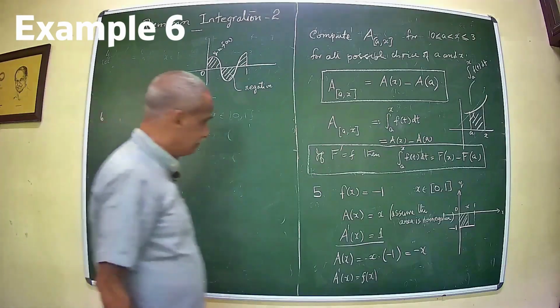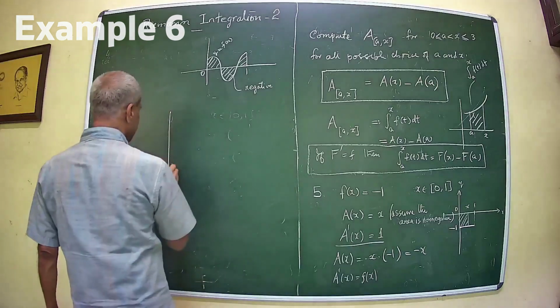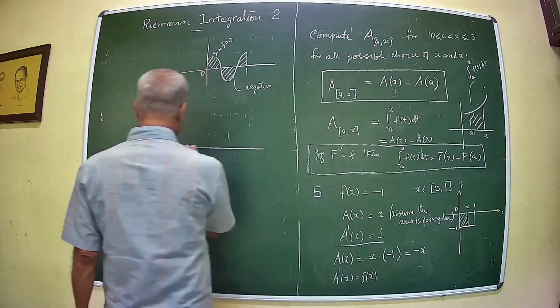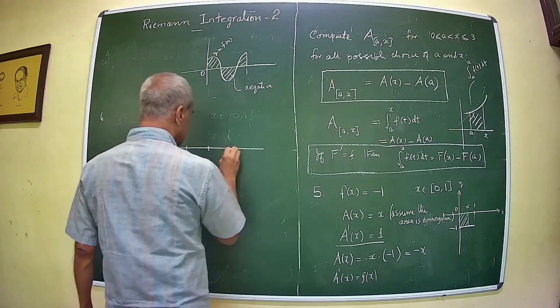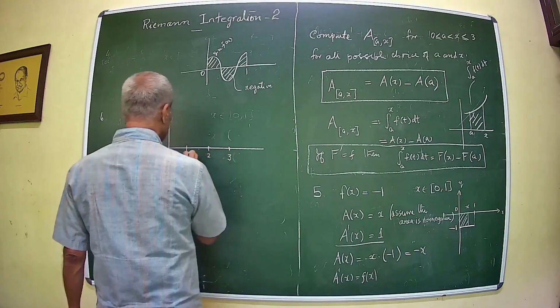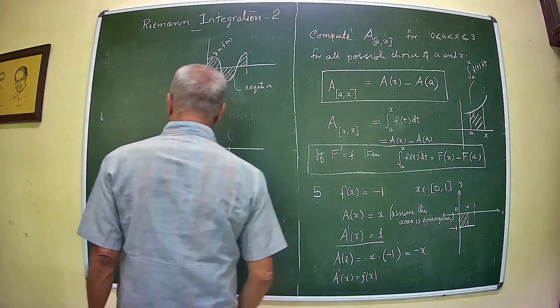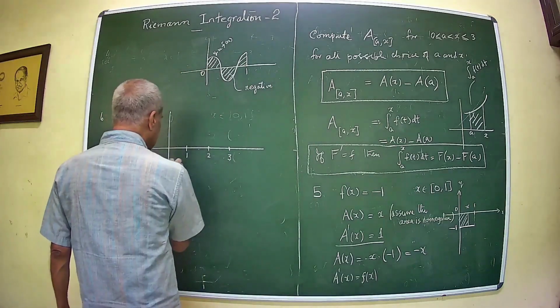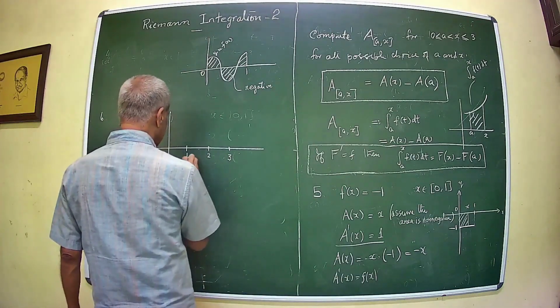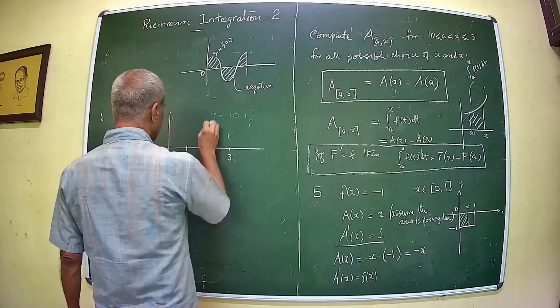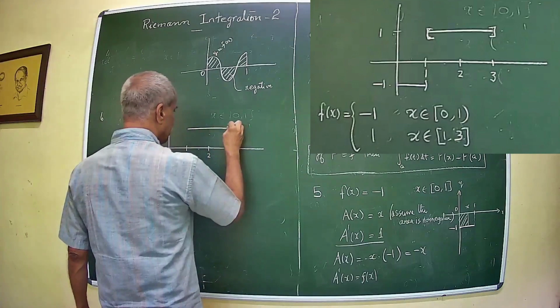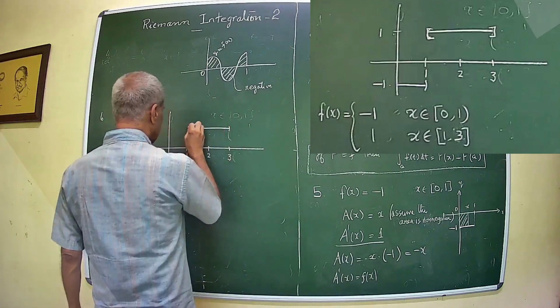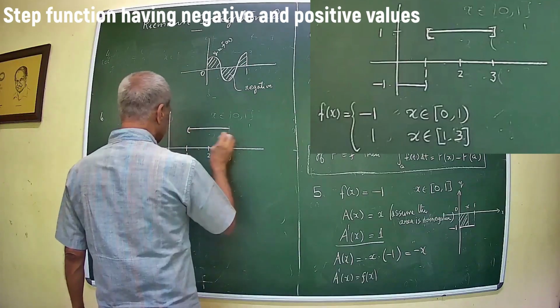another example, where you have 1, 2, 3. We take the function to be minus 1 on this interval and 1 on the interval 0 to 2. So there is a step function.